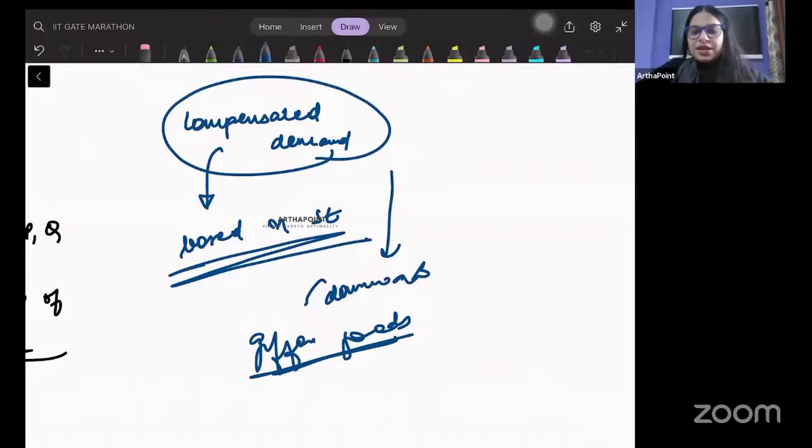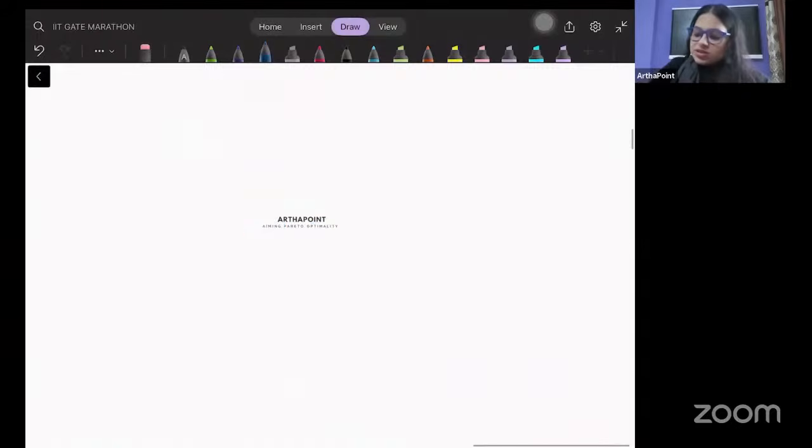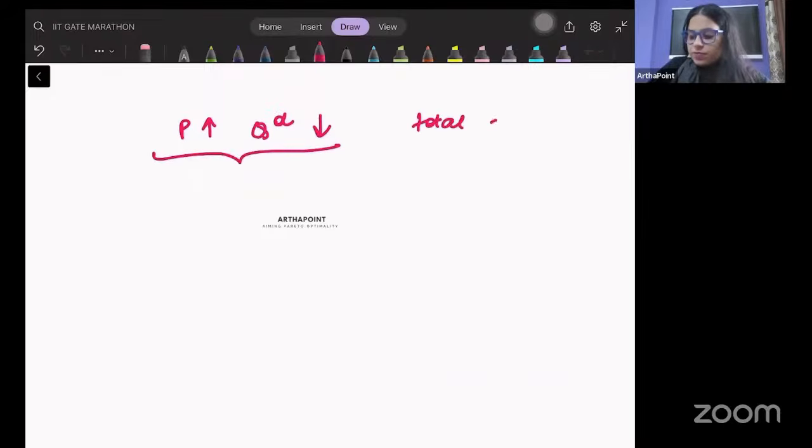So many foreign authors say that when the price of a good increases, the quantity demanded of the good will decrease, right? This is my total effect. Now I have to break this into two parts, substitution effect and income effect.